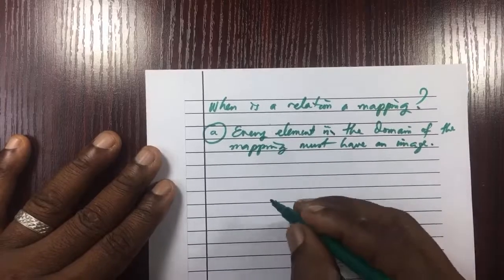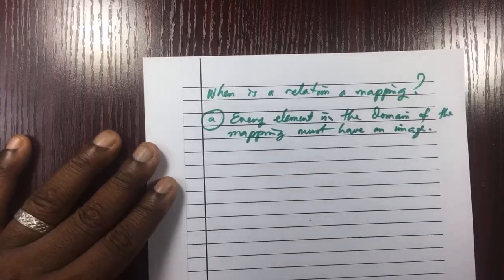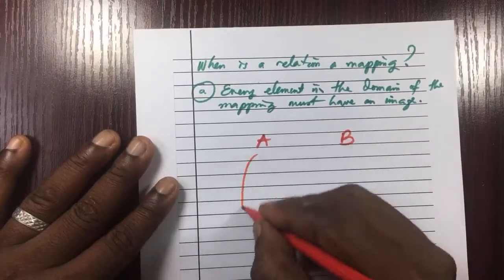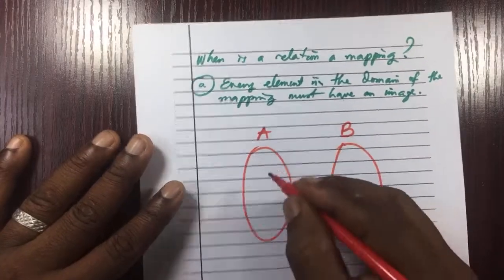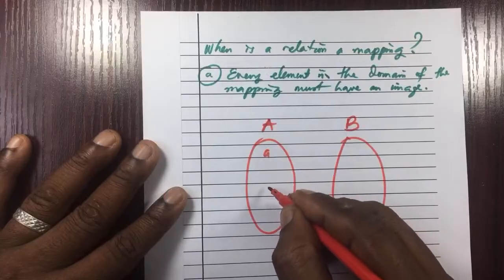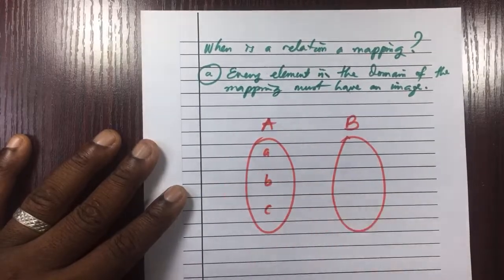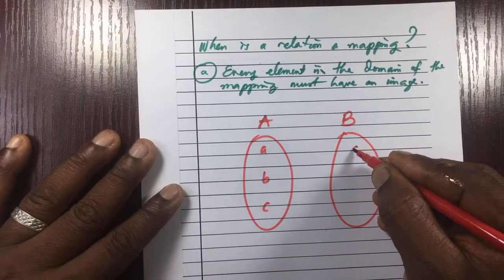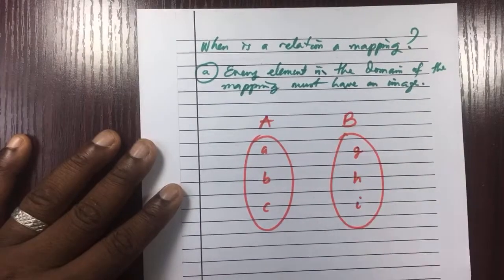Let me give you an instance. Let's say we pick two sets A and B. There are elements A, B, and C in A, and we have here G, H, I.